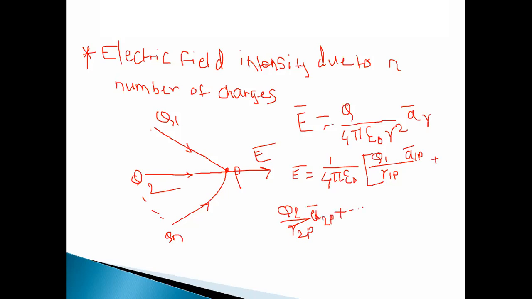We can take the number of charges, plus up to so on, up to Qn divided by R np square into unit vector a bar np.